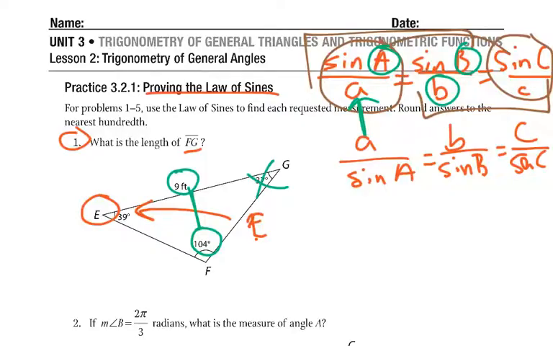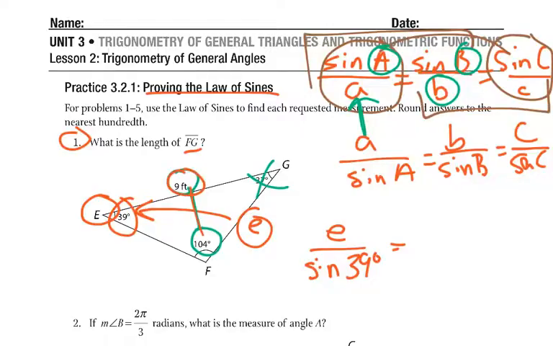Usually we write the side as lowercase. So if I want to find that, I put that on top, and then I say it's over the sine of angle E, which is 39 degrees, equal to the other connection I have. So 9 goes on top, over the sine of 104 degrees.